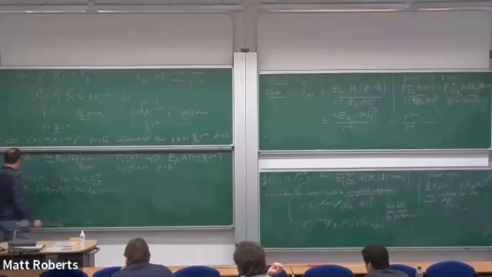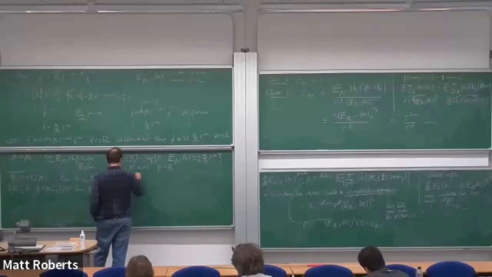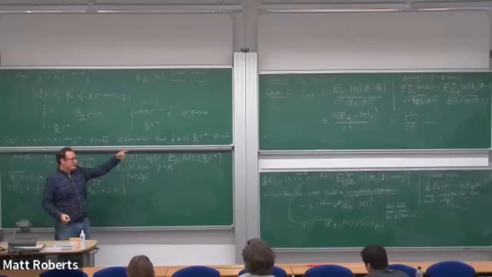Okay, now what about if R is smaller than R naught? Well, in that case, we'll just use the fact that the susceptibility, the first moment, is monotone.